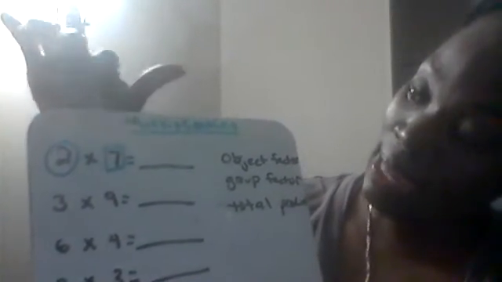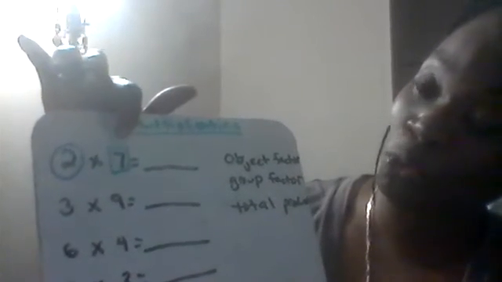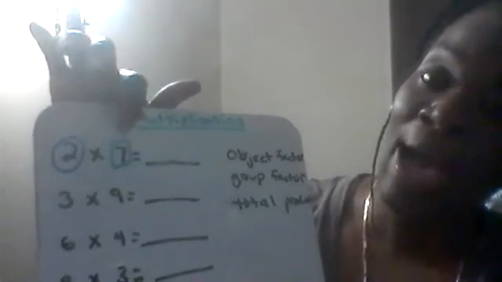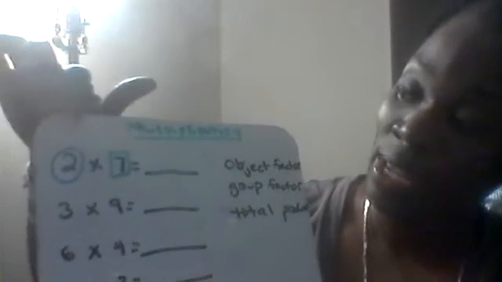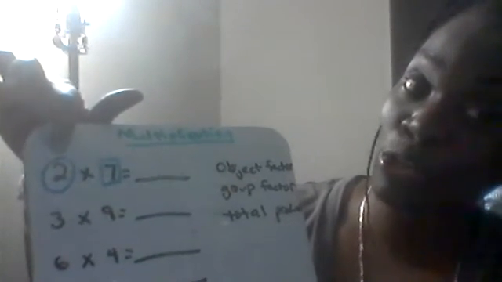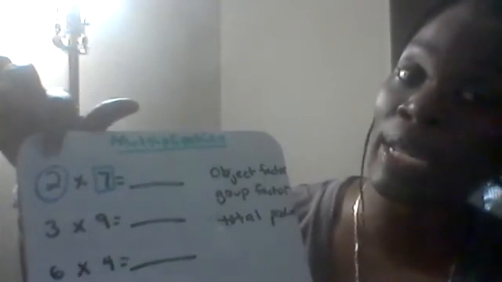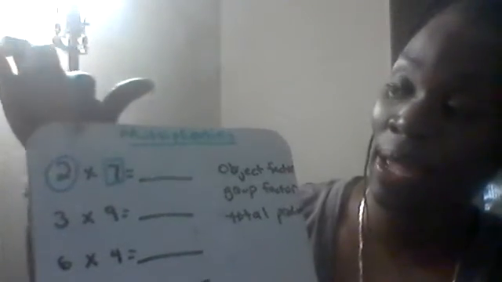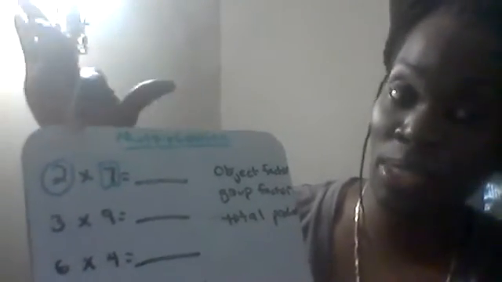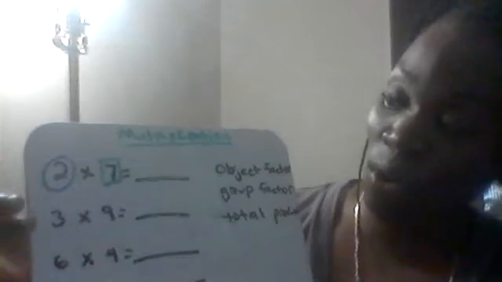So you'll put a square around each group factor and a circle around the object factor. Remember, the group factor tells you how many groups you have. The object factor tells you how many objects are in each group. I already did this one, so I want you to do the same for all the other ones.